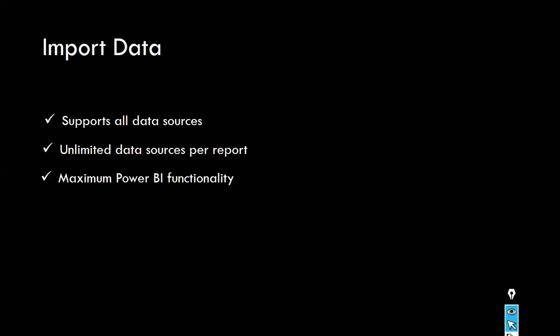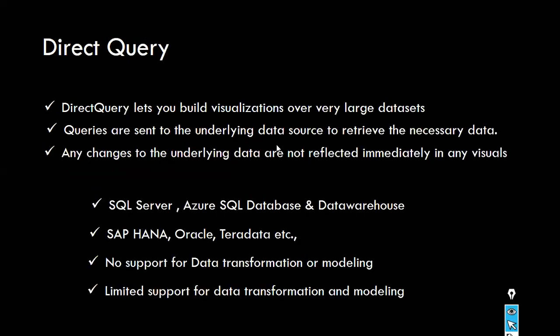The next one is the direct query mode, the direct connectivity mode. It allows us to build visualizations over very large data sets. Suppose your data volume is very high in the source system, SQL Server.